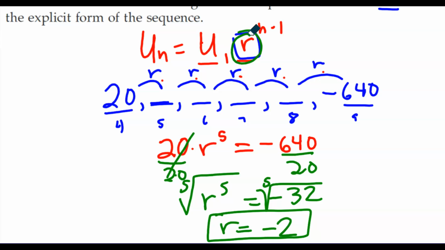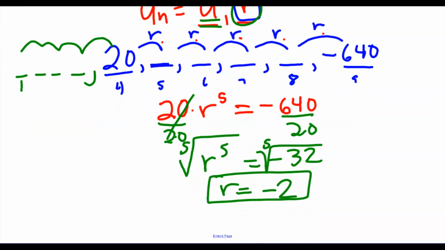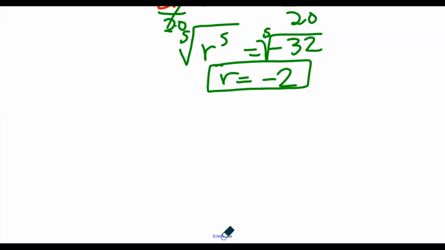Now I just have to find the first term. I could work backwards and get to the first term by dividing, and that would be an okay way to do it, but I want to show you a way that involves algebra so that you can do this for any number, even when it's a little more complicated. So here's what you do.